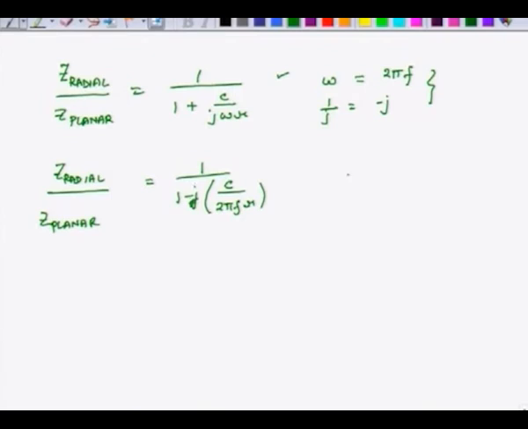And then we know that c over f equals wavelength. So, I can rewrite this equation further as 1 over 1 minus lambda over 2 pi r times j.